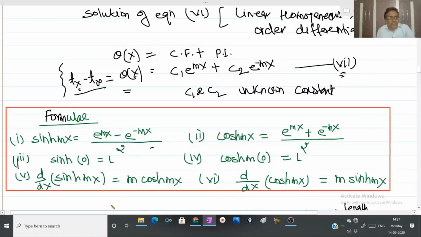Sinh m0 is equal to 0, sorry, and cosh m0 is equal to 1. Similarly, differentiation of sinh mx will give me m into cosh mx, and differentiation of cosh mx will give me m into sinh mx.